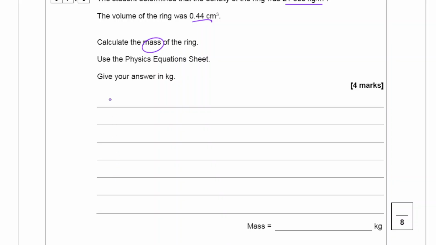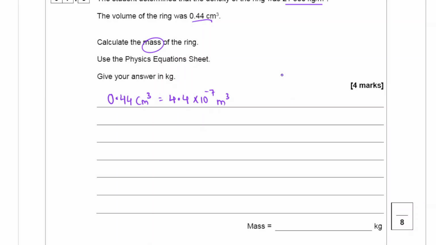So 0.44 centimeter cube is equal to 4.4 times 10 to the power minus 7 meter cube.